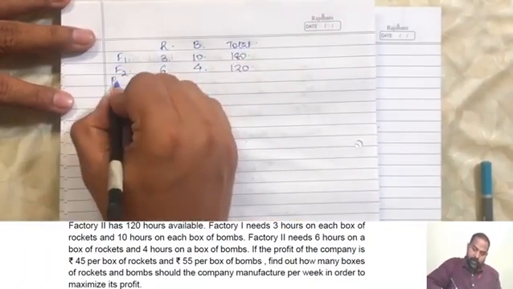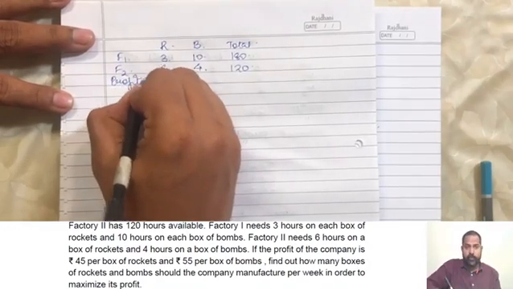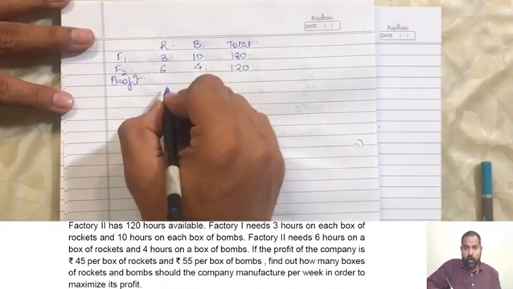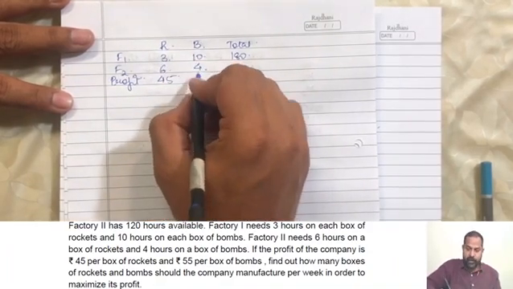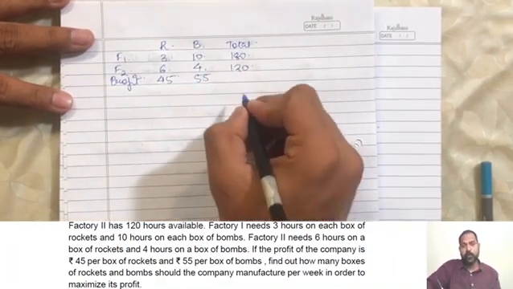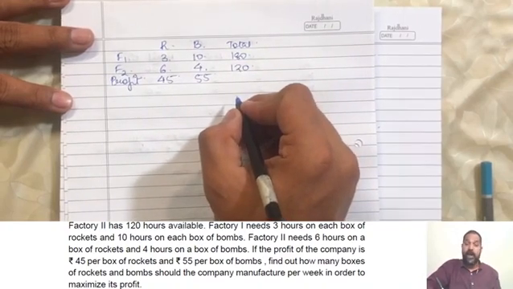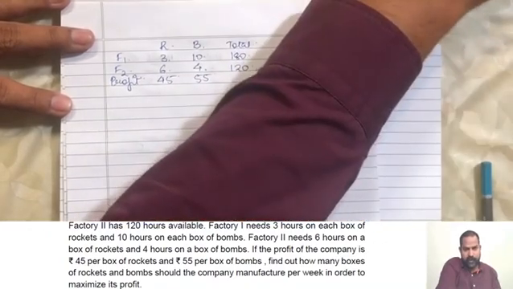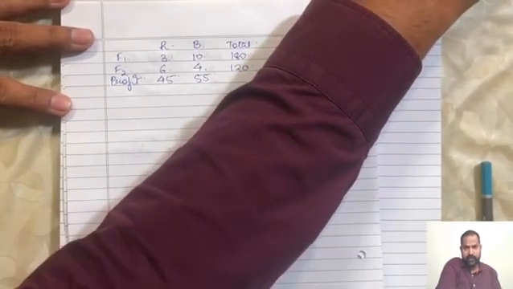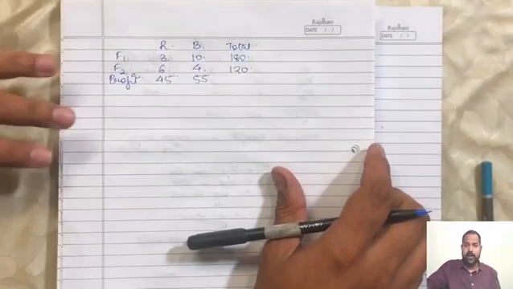What is the profit given to you? The profit of the company is rupees 45 per box of rockets, while rupees 55 per box of bombs. Find how many rockets and bombs they should produce. Fine, I will continue. Let's hide this now so that I have more space.